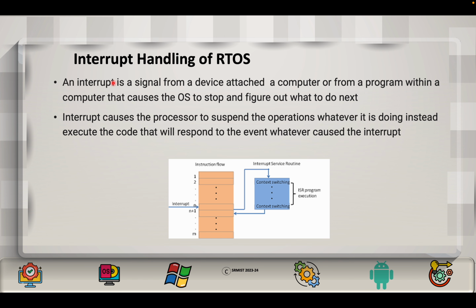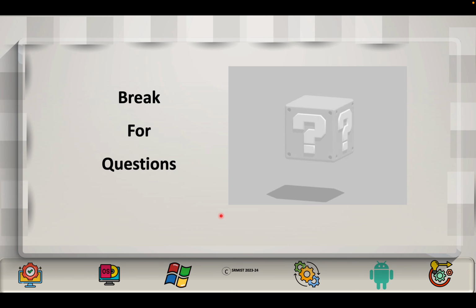So whenever the interrupt occurs, the processor immediately calls the interrupt service routine corresponding to that interrupt, and after completing that routine, the processor switches over to the next instruction after the interrupt.